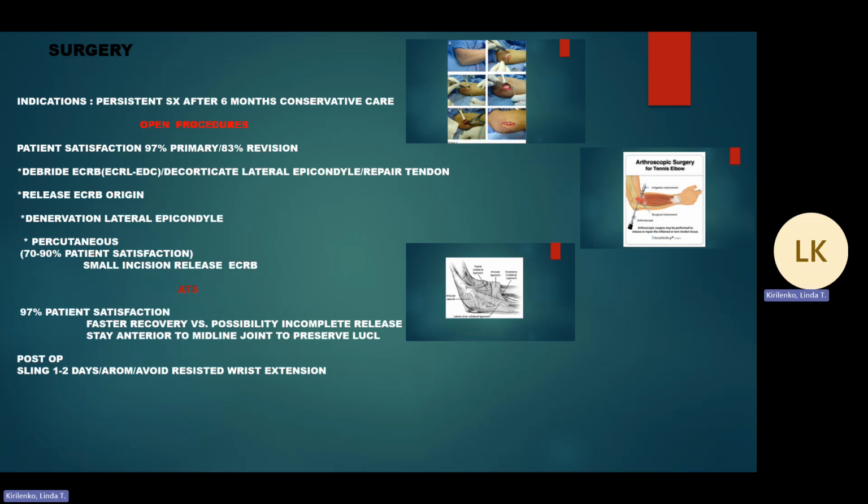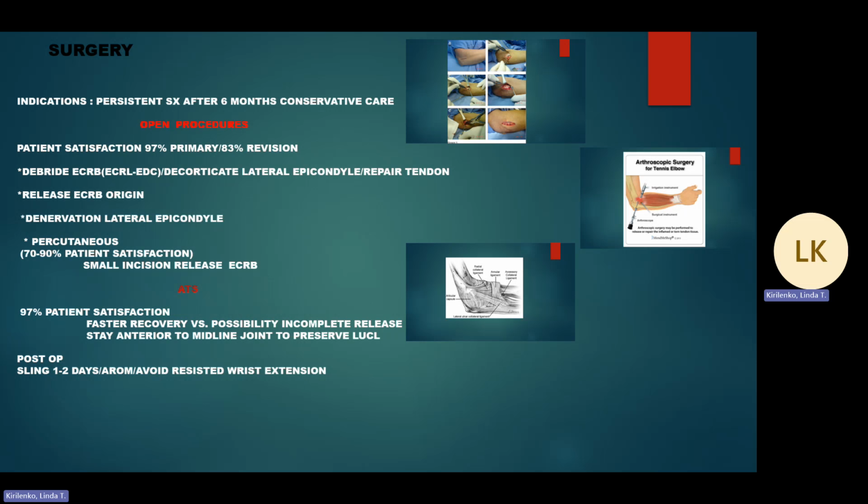In the hands of experienced arthroscopists, arthroscopic debridement is also an option, which has been shown to have a high patient satisfaction rate and is felt to demonstrate a faster recovery.